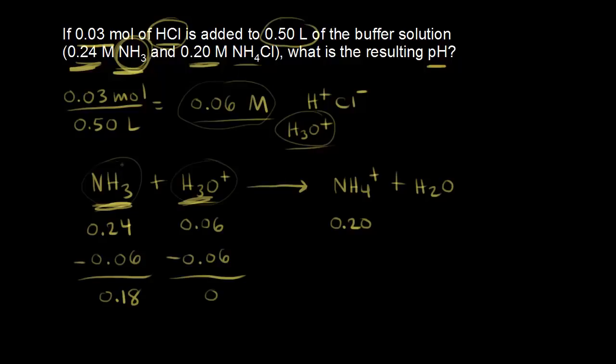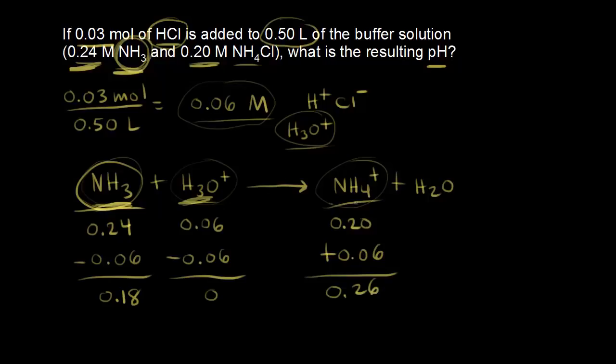And whatever we lose for ammonia, we gain for ammonium, since ammonia turns into ammonium. So we're going to gain 0.06 molar for our concentration of ammonium after neutralization. So we get 0.26 for our concentration. And now we're ready to use the Henderson-Hasselbalch equation to calculate the final pH.